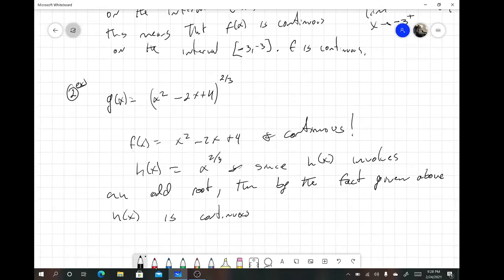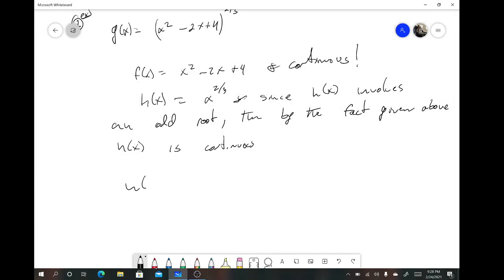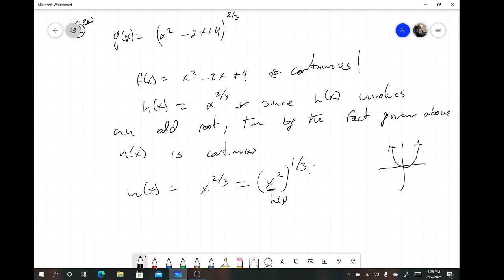So let me just make h of x a little bit clearer so you can see why this is the case. x to the 2/3 is the same thing as x squared to the power 1/3. x squared we know is continuous, that's just a parabola. So f, if we call this, I already used f, let's call it k. So the inner function is continuous. So the function raised to an odd root is also going to be continuous by the fact given above. So that means that this is also continuous.